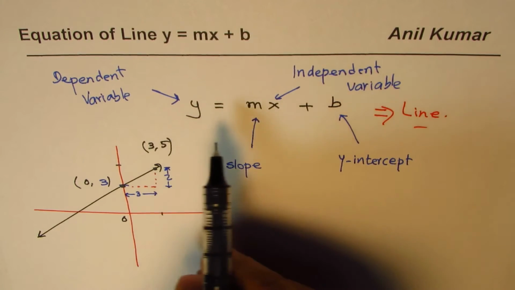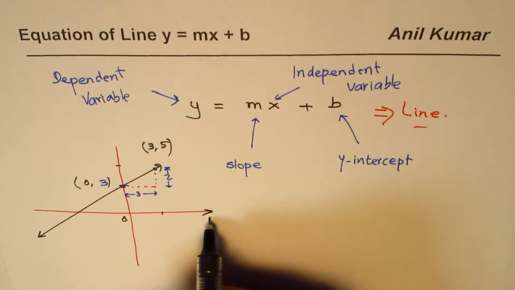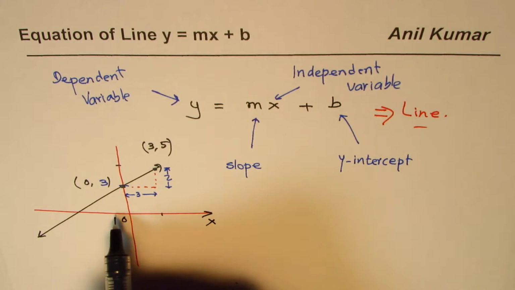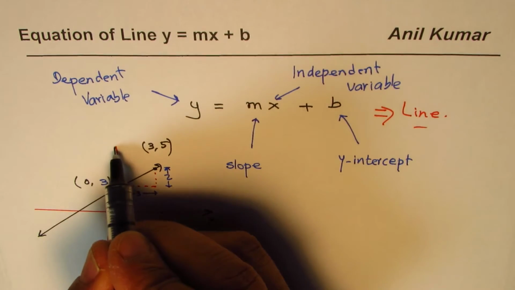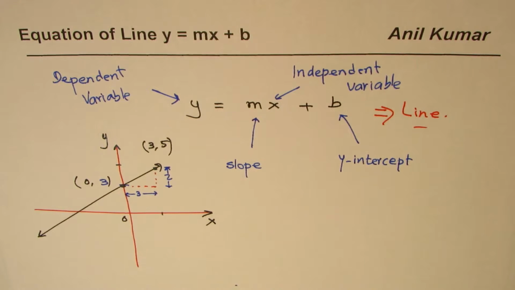And when we say y = mx + b, x, the independent variable, is represented along the horizontal x-axis, and y, the dependent variable, is represented on the vertical y-axis. I hope that gives you a very clear picture of a line and the relation of this line with the equation y = mx + b.